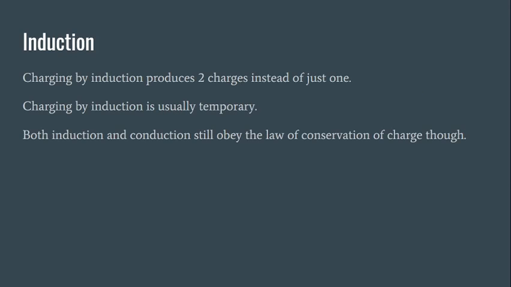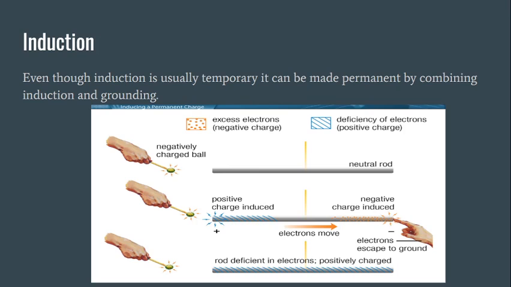But also, both induction and conduction still obey the law of conservation of charge. That is something else to know here. Even though it may not seem that way, they actually do. Now, even though induction is usually temporary, it can be made permanent by combining it with grounding.